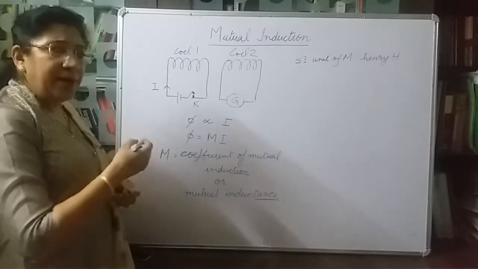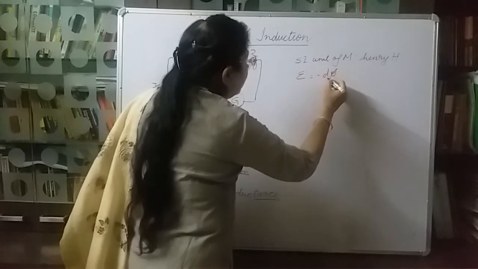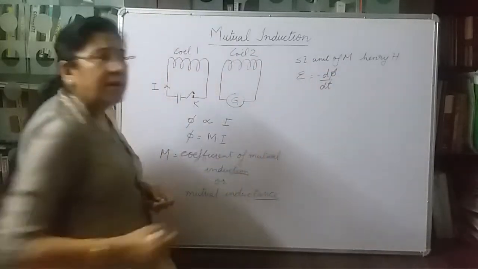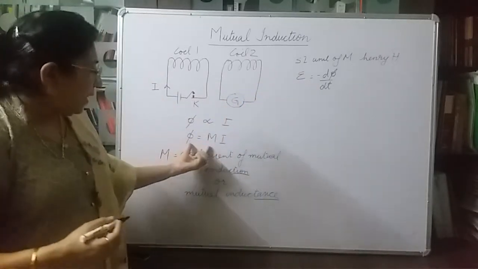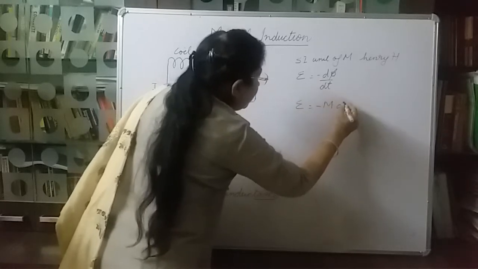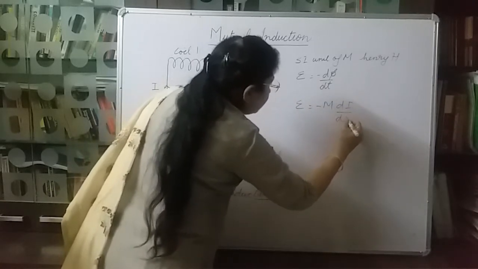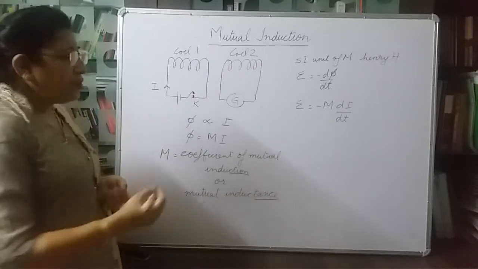If we apply here Faraday's law, the induced EMF is E equals minus d phi by dt. Applying here, we will get E is equal to minus M di by dt. This is what we get.